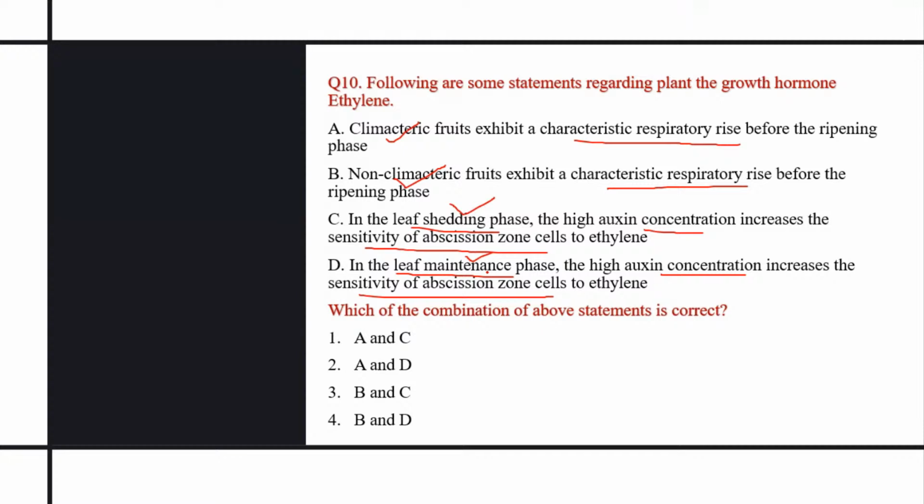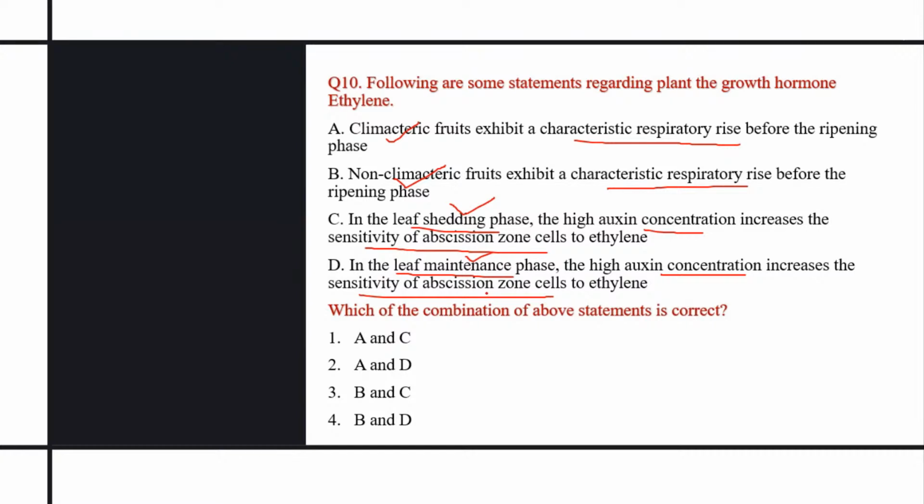Yes, you are correct, Maria. It is auxin and ethylene. Now, identify the correct combination over here. Okay, Bishri has given the answer. What about others? Ethylene and abscisic acid will not come in the abscission zone.